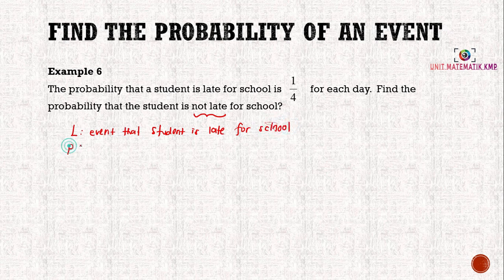We know that the probability is 1/4, but that is not what the question asks. The question asks for the student not being late, which is the complement event. So the probability of L prime is 1 minus 1/4. So we will have 3/4 as the answer.